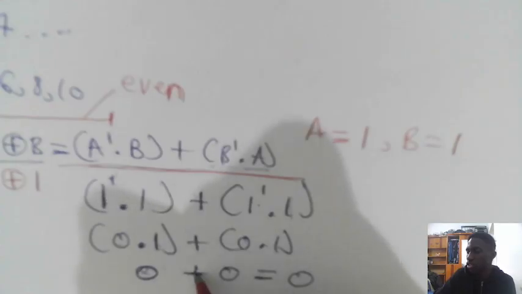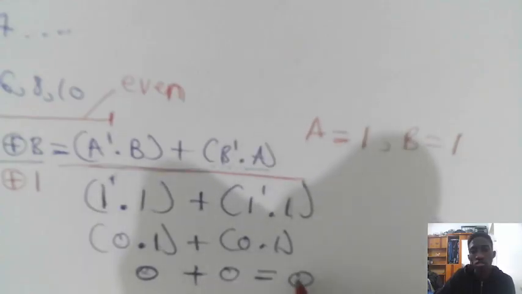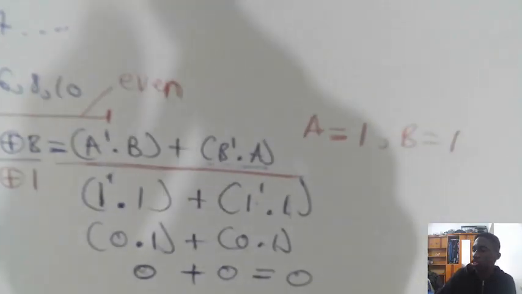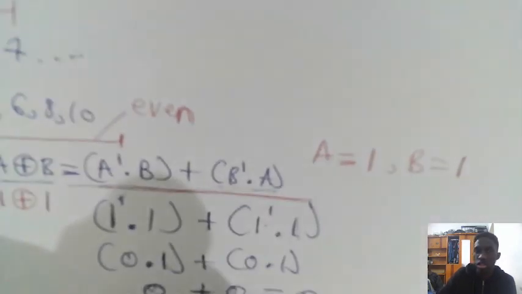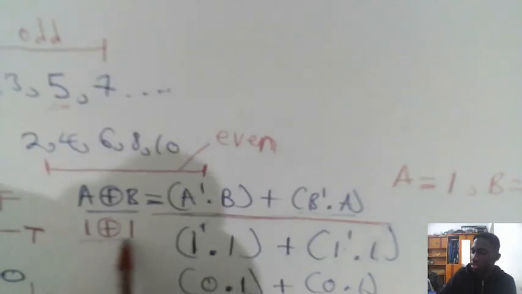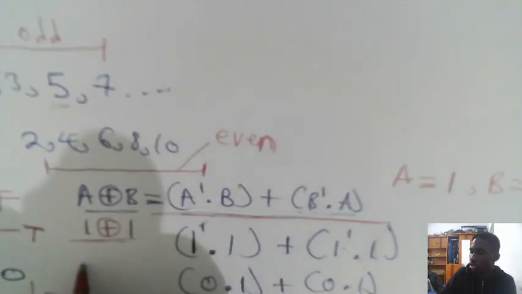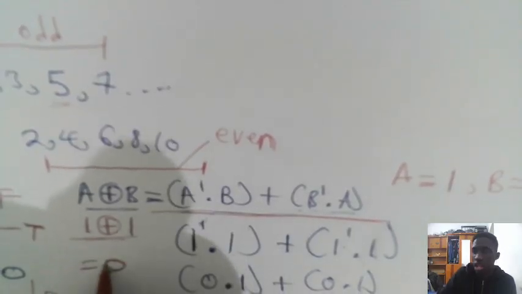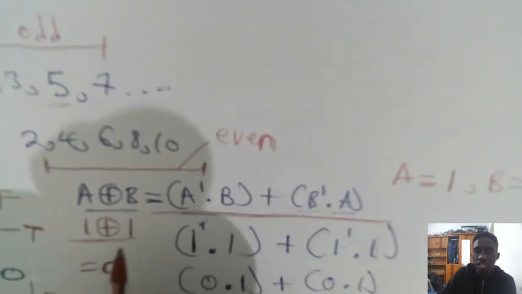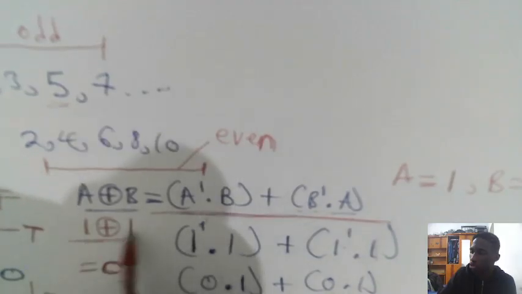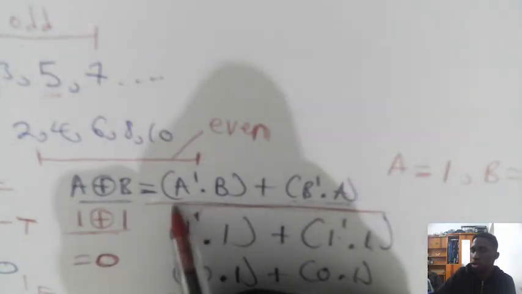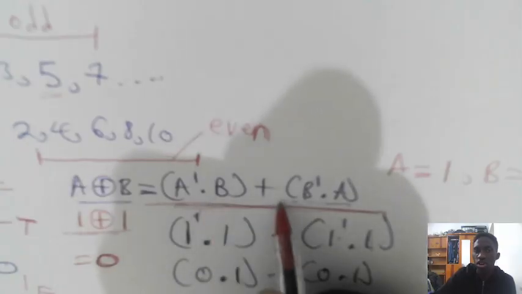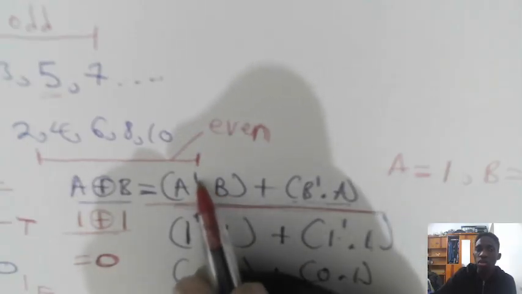So false or false is false. It means that 1 exclusive OR 1 is equal to 0. And remember, we said that when there is an even number of true values, your output will be false, and this proves it. So this is the formula for exclusive OR in terms of and, or, and the complement or negation.